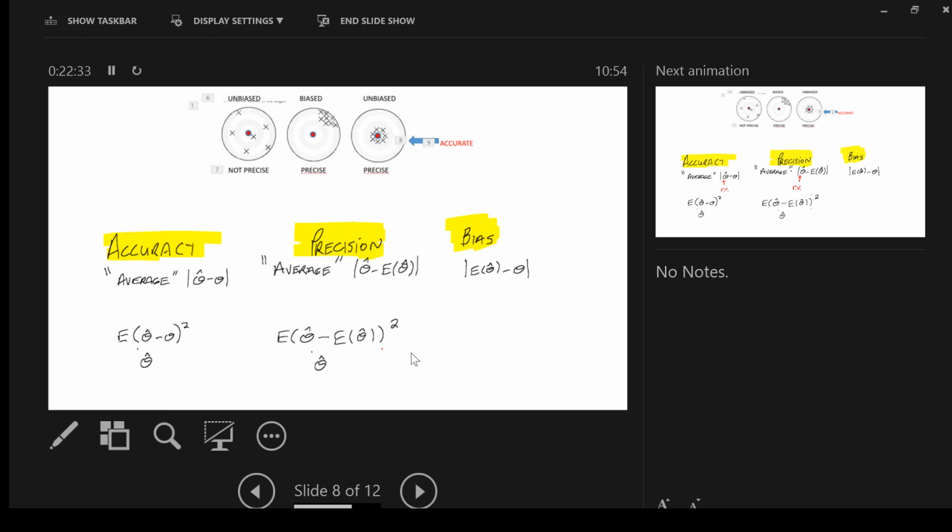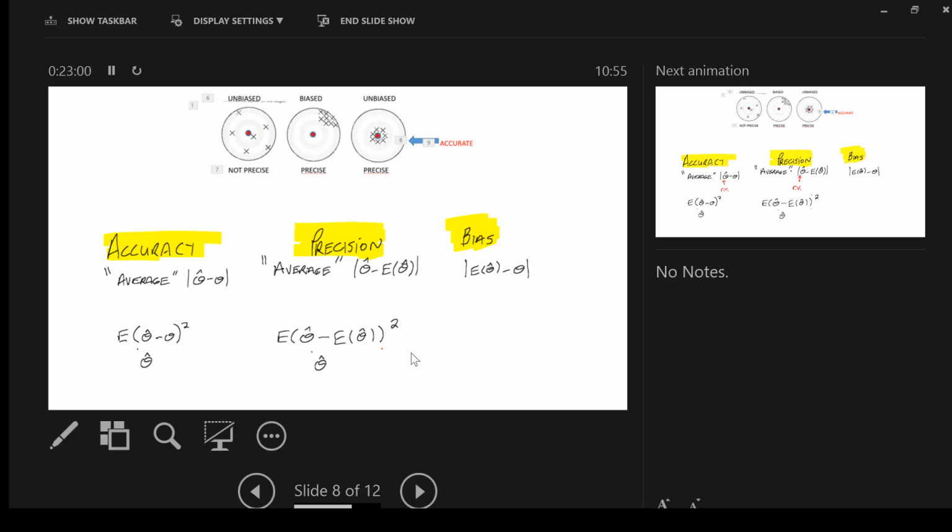You look at the average theta hat, which is E of theta hat, and you say, are they close together? That's just, what is the definition of variance of x? E of x minus E of x, all squared. You're used to the variance. But what it's really saying is, think of E as expected value. How far on average do the different crosses fall from their own mean? Not from the true value, from their own mean.